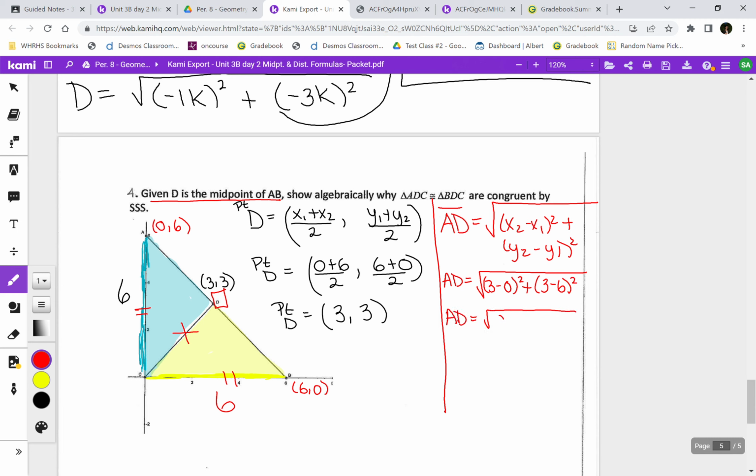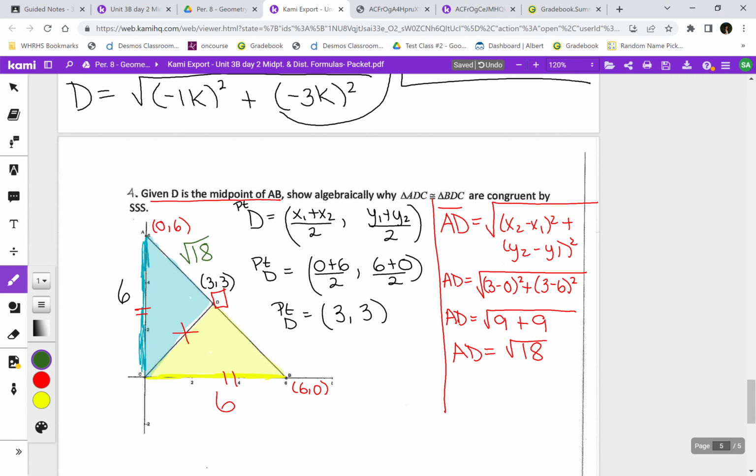So we're going to have 9 plus 9. Is everybody okay with how I got 9 plus 9? I skipped squaring. I subtracted, then squared. We're okay? Me skipping a couple steps. So then isn't the length of AD the root of 18? So that means this is root 18, the length of it.